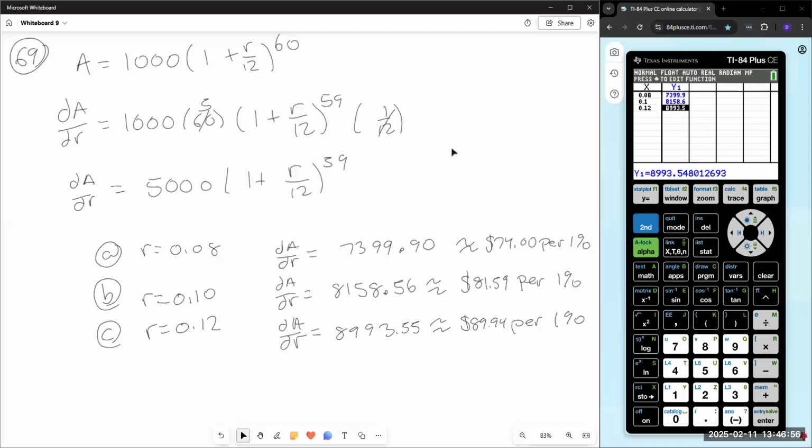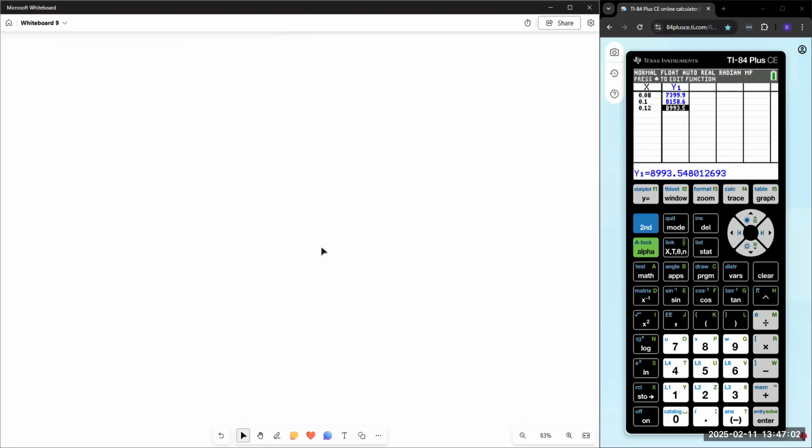Let's move on to number 70. Even though this is an even number problem, we're going to do it as an example because it's one of the only ones of this type with this application.